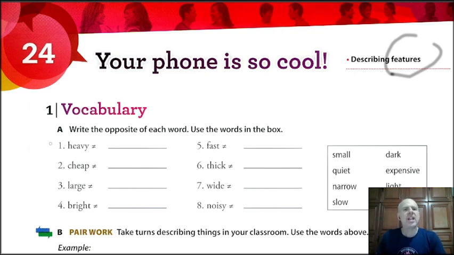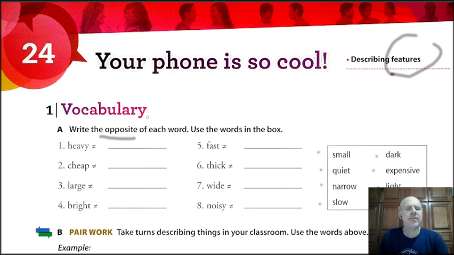We're talking about heavy, cheap, large, bright, fast, thick, wide, and noisy. And we are talking about opposites. So we have other adjectives that are the opposites of these ones, that are small, quiet, narrow, slow, dark, expensive, light, and thin.